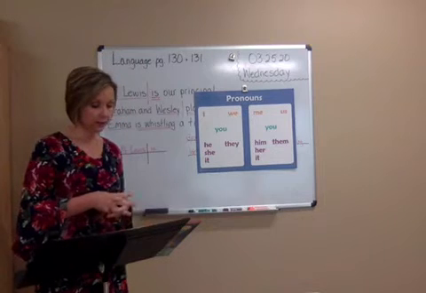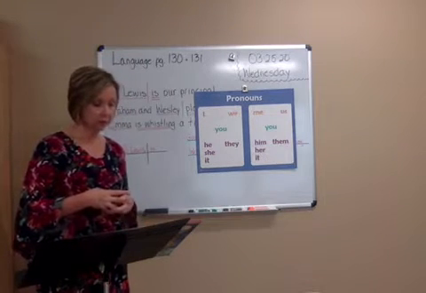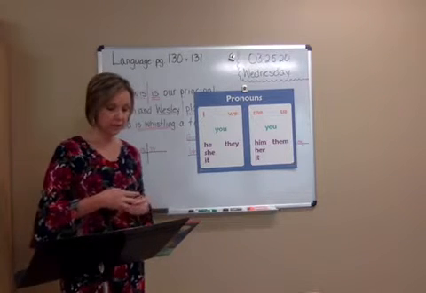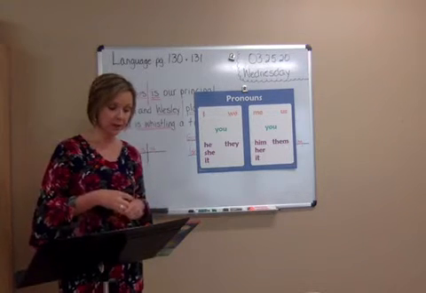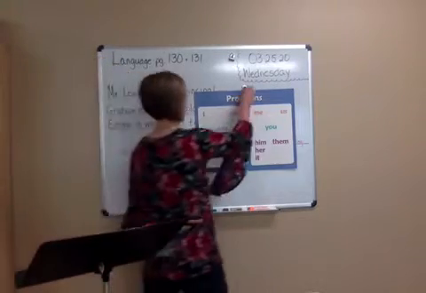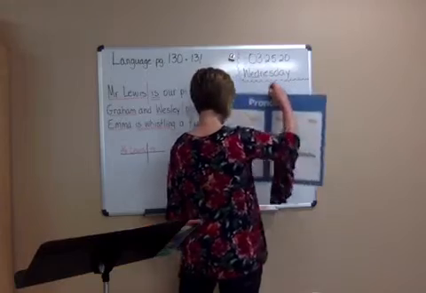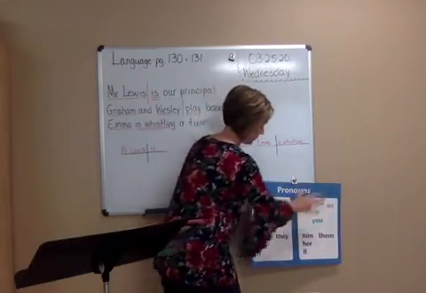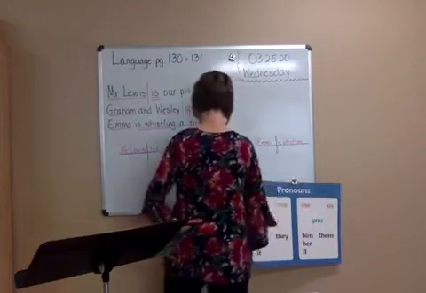Draw 1 line under the subject. In the blank, write S if the pronoun is in the subject part of the sentence. Write P if the pronoun is in the predicate part of the sentence. Wow, that sounds like a lot, right? So I'm going to put this just kind of here because we have our subject side and then we have our predicate side, okay?